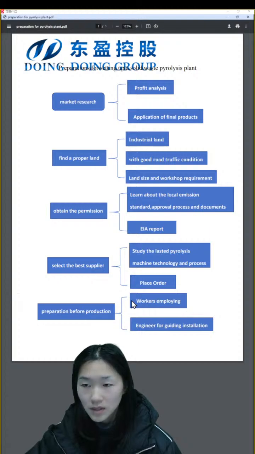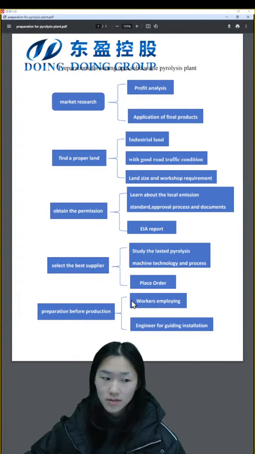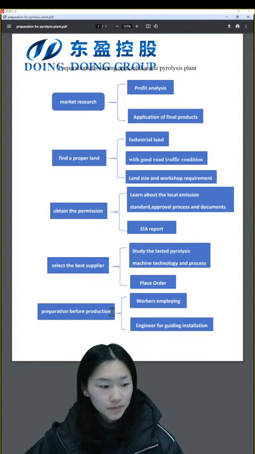The oil gas can't be cooled down in time, so the oil yield is low. You need to find workers who have much operation experience.